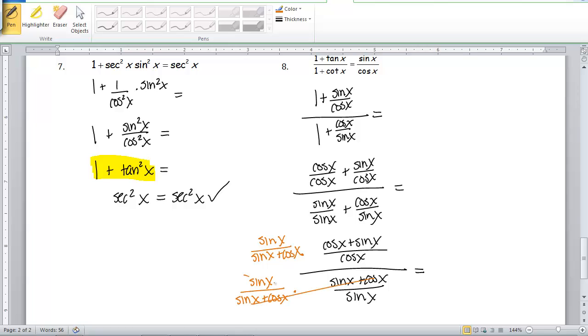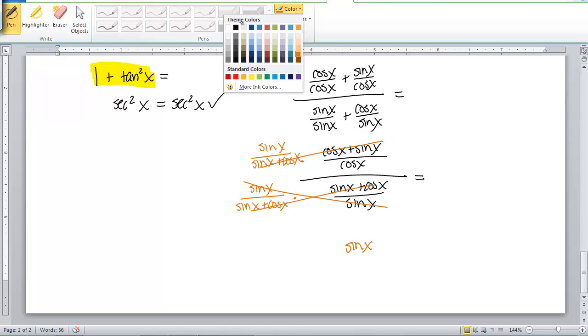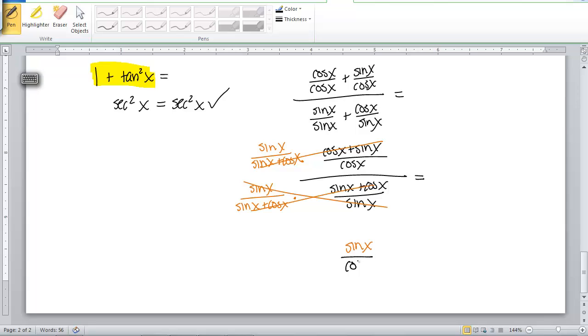Here again, the point is to completely get rid of your denominator. What also happens is that because in addition order doesn't matter, the sine plus cosine cancels with the cosine plus sine. This leaves me with just the sine in the numerator and the cosine in the denominator. And that is exactly what we wanted to get.